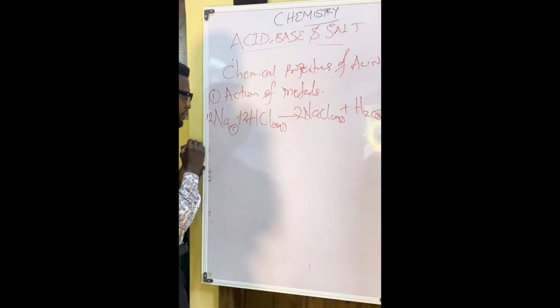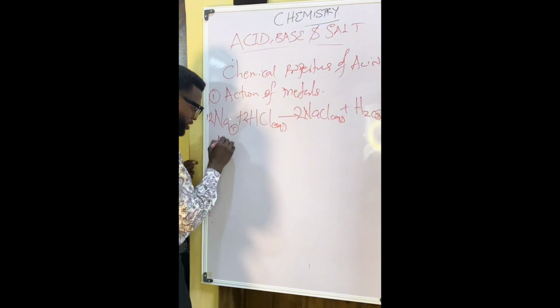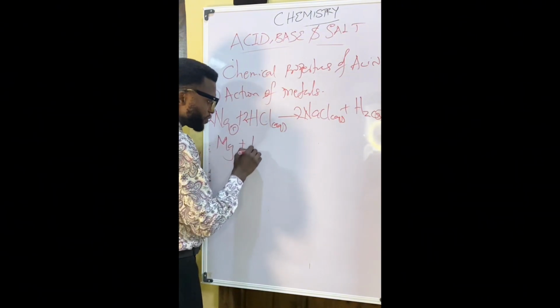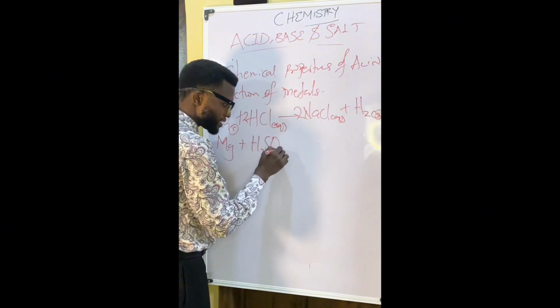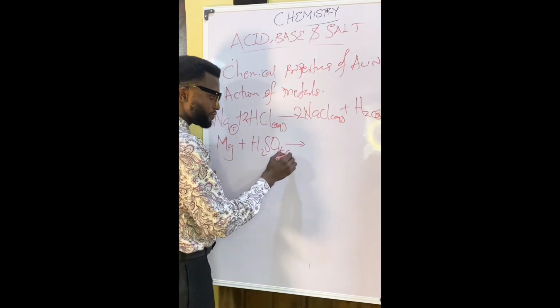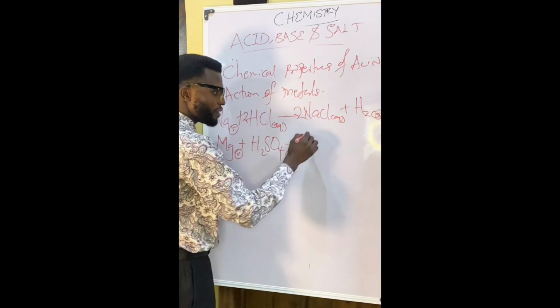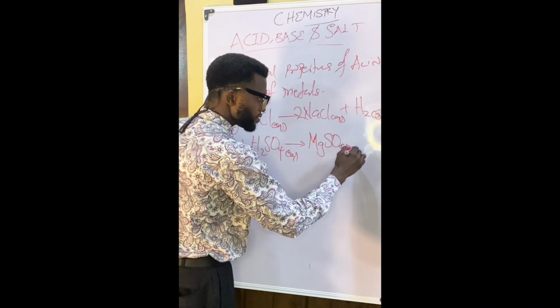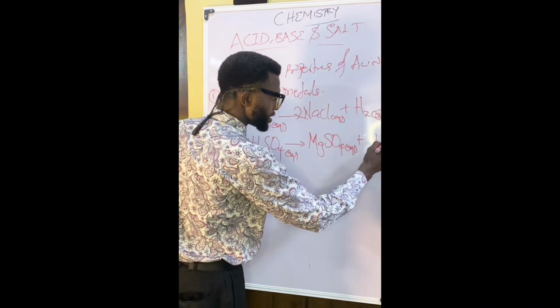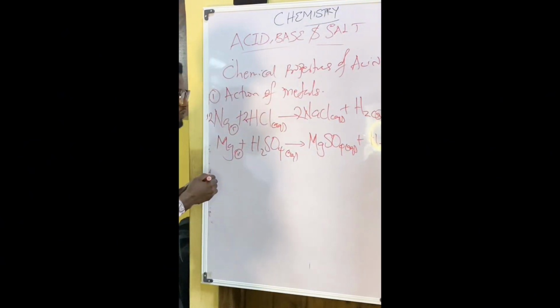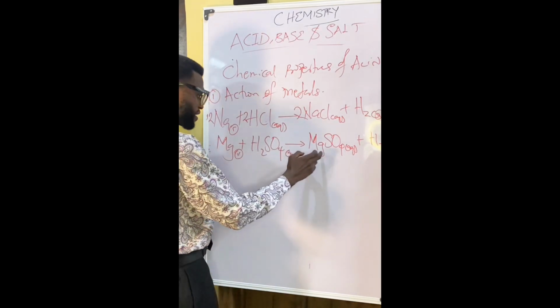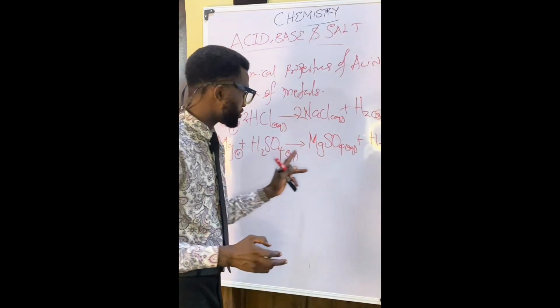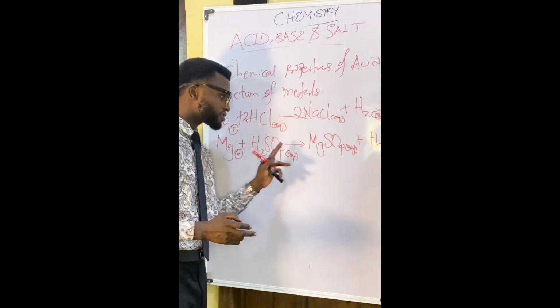And next is magnesium combined with tetraoxosulfate 6 acid to give magnesium tetraoxosulfate 6 aqueous and hydrogen gas. So we balance the equation: magnesium 1, magnesium 1, hydrogen 2, hydrogen 2, sulfur 1, sulfur 1, oxygen 4, oxygen 4.